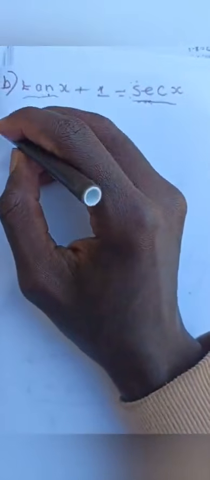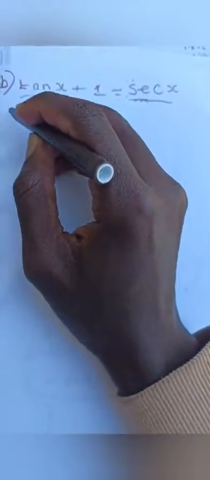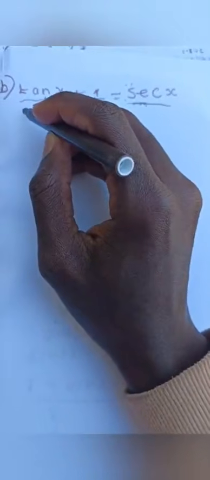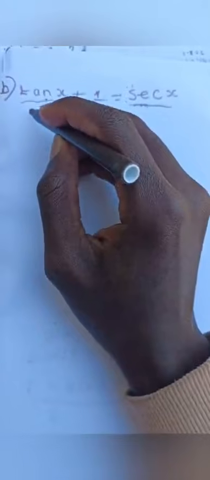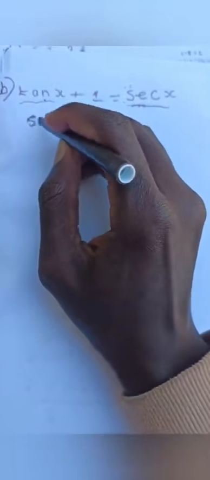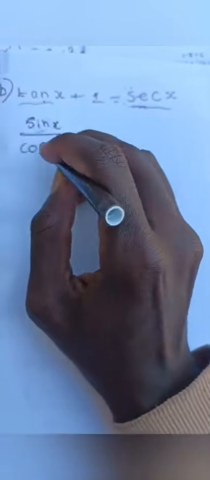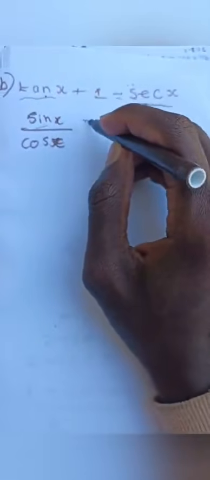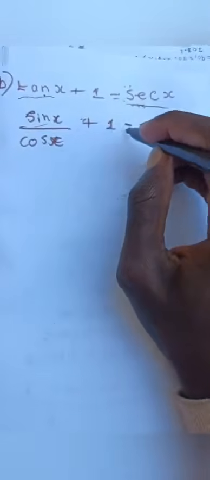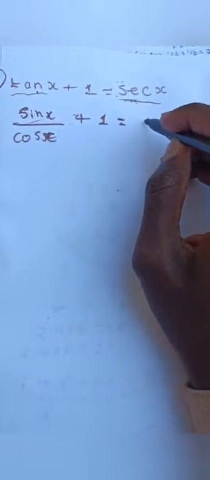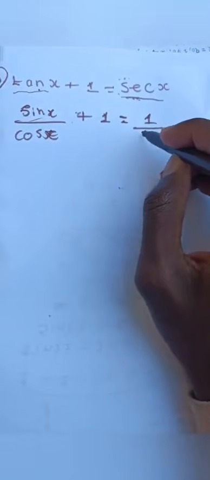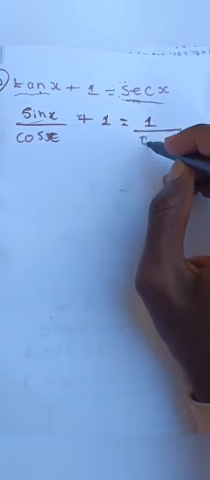Okay, so let's proceed. I said that we need to substitute with the identities, right? You know that tan x is equal to sine x over cos x, then plus 1 is equal to, you know that sec x is equal to 1 over cos x.